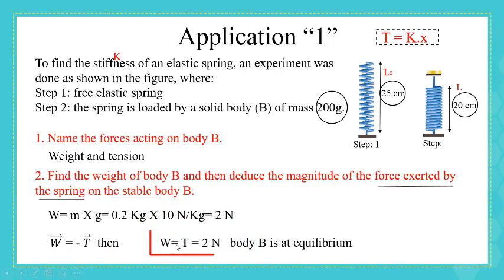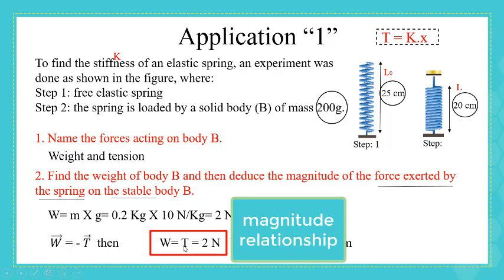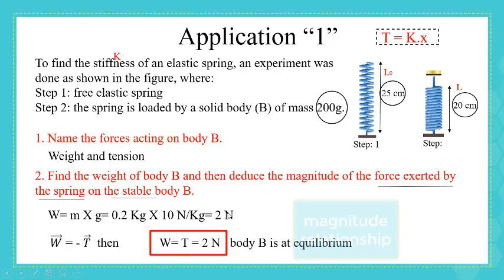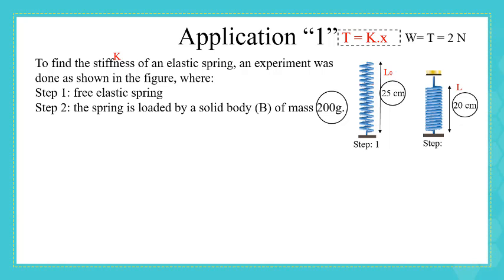And the magnitude relationship gives that weight is equal to tension, that is equal to 2 Newton. Now we get the magnitude of the tension, it is 2 Newton. We still have to find X in order to find the stiffness K.